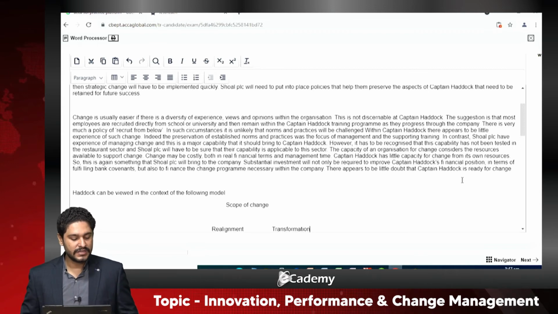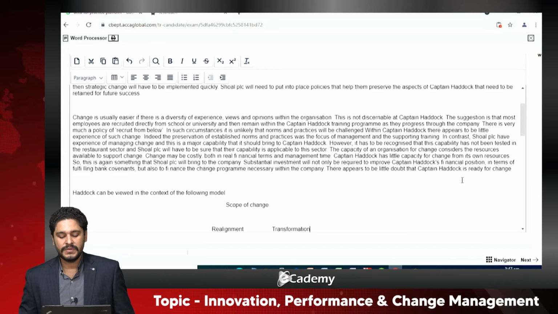There is very much a policy of recruit from below. In such circumstances, it is unlikely that norms and practices will be challenged within Captain Haddock. There appears to be little experience of such change. Indeed, the preservation of established norms and practices was the focus of management and the supporting training.